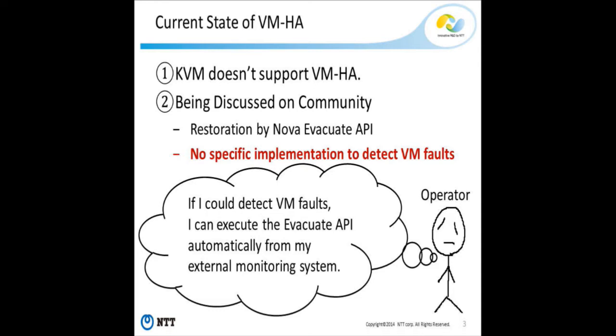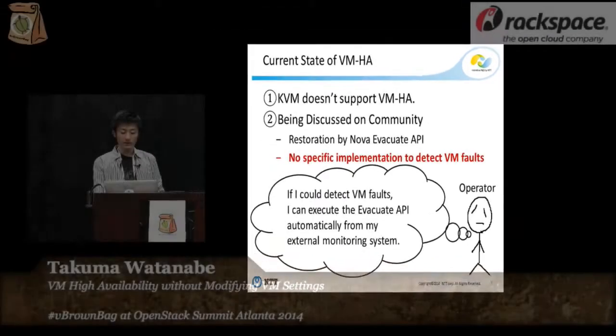2. As you might know, VMHA is being discussed in the OpenStack community. As a result of the discussion, the Nova Evacuate API is already available to evacuate VMs when a compute node has been crashed.